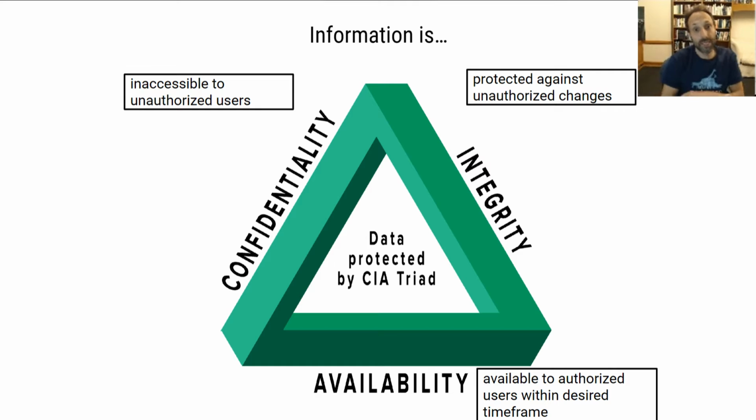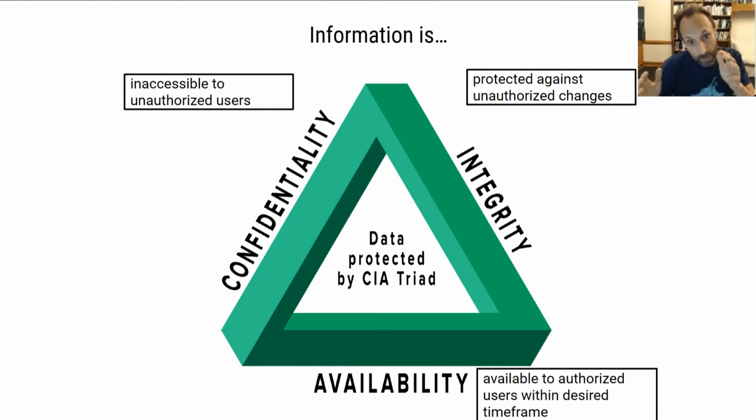The idea is when you say information is secure, that can mean lots of different things. One thing it can mean is that what you want to keep secret stays secret, okay? Or it could mean something else, that it's secure against unauthorized tampering.